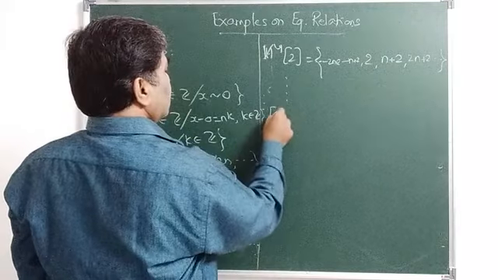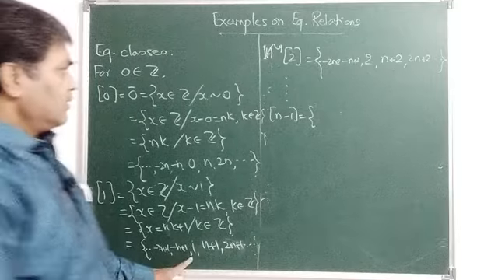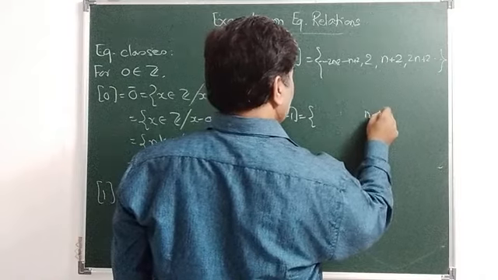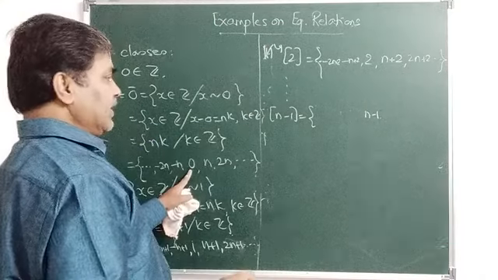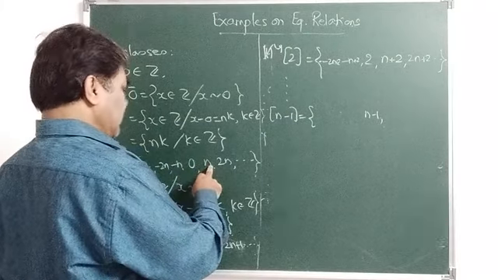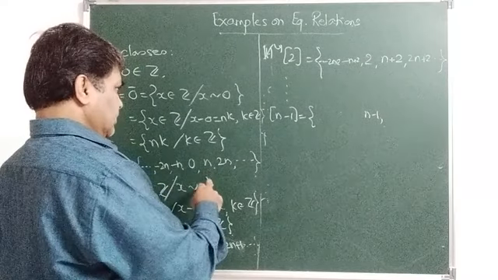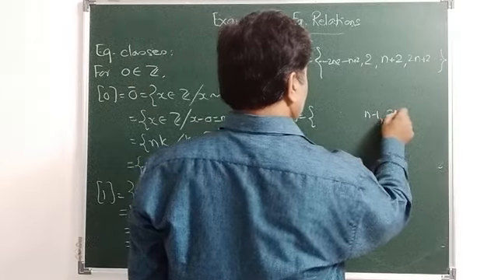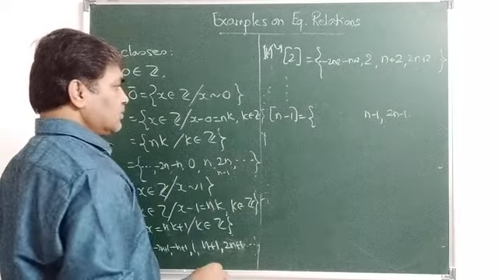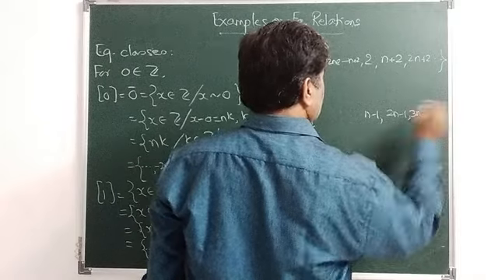If I take the equivalence class of n minus 1, then the middle element will become n minus 1, 0 is getting added there. Then if I add n minus 1 plus n, that is 2n minus 1, n minus 1 plus 2n, 3n minus 1 and so on.